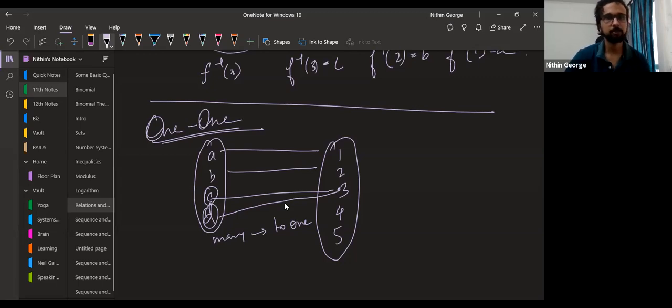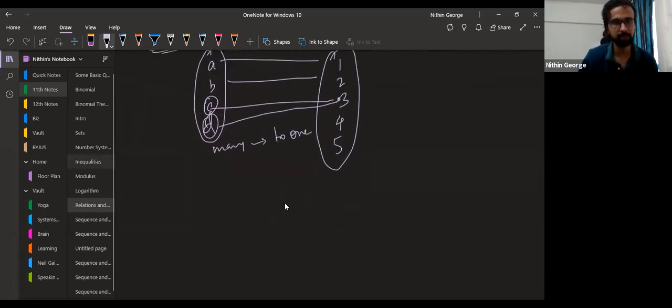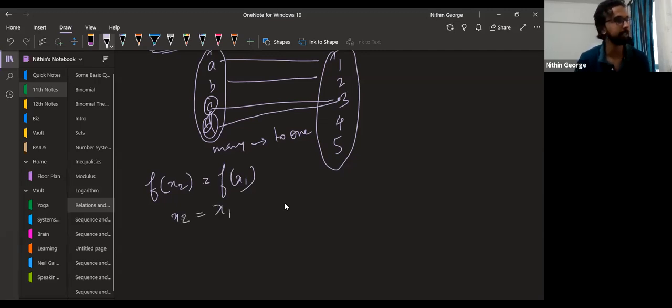All right. So the 1-1 function. Next is onto function. So 1-1, I'll just give the classical definition. If f of x2 is equal to f of x1, then necessarily x2 and x1 should be the same element.